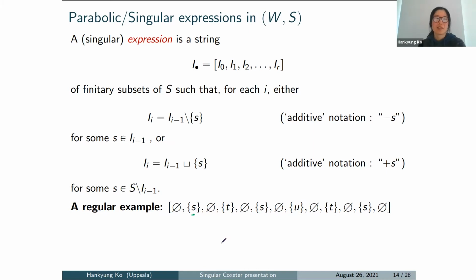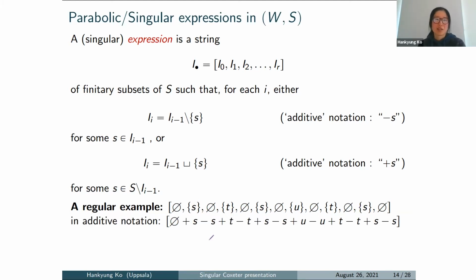And if you take some S in S, it's also always finitary, and you can take S as the second one, and then you remove S and add T, remove T, add S, remove S, add U, remove U, add T, remove T, add S, remove S. And if I write down what I said when I was reading this, we get this additive notation.